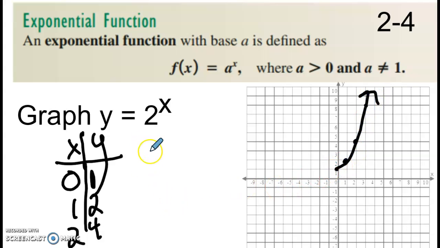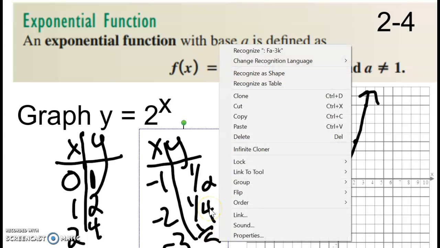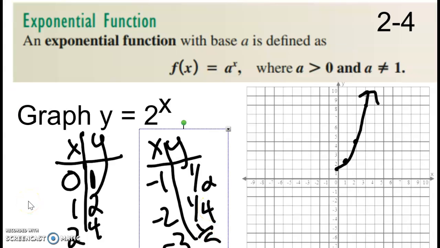But then what's happening with negative values of x? Thinking back to what a negative exponent does, 2 to the negative 1 means 1 over 2 to the first. 2 to the negative 2 means 1 over 2 squared. 2 to the negative 3 is 1 over 2 cubed. So negative 1 gives me a half, negative 2 gives me a fourth, negative 3 gives me an eighth.